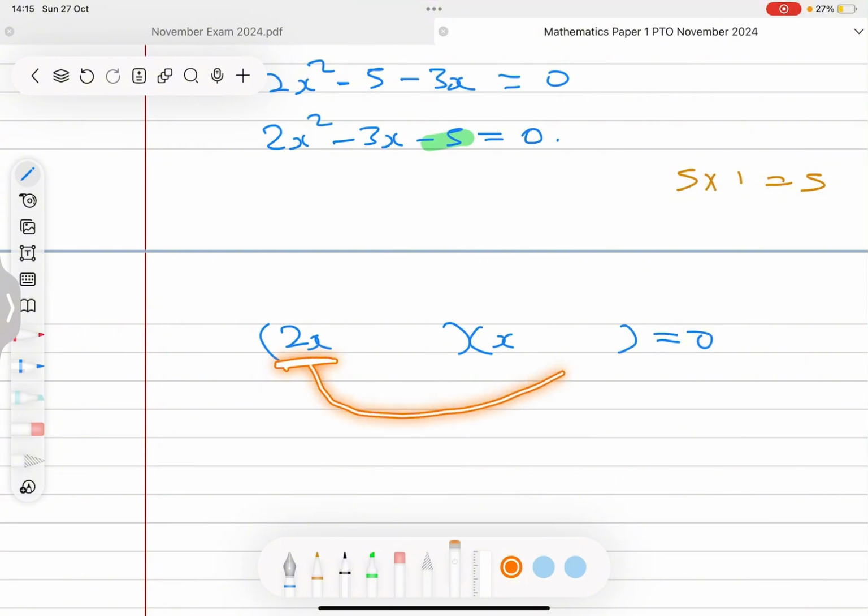So if I multiply here by 1, I will have 2x, because 1 multiplied by any number is that number. So the 5 will sit here, and if I multiply this by a 5, I'll get 5x.